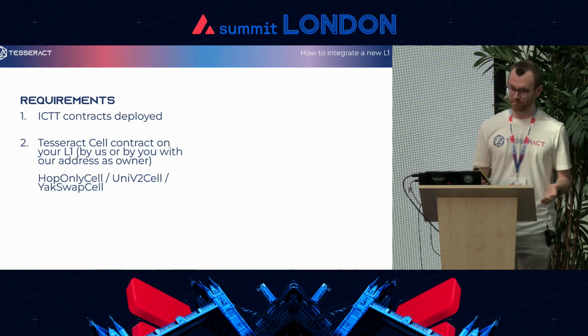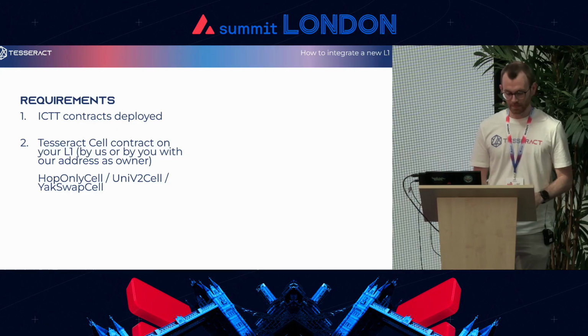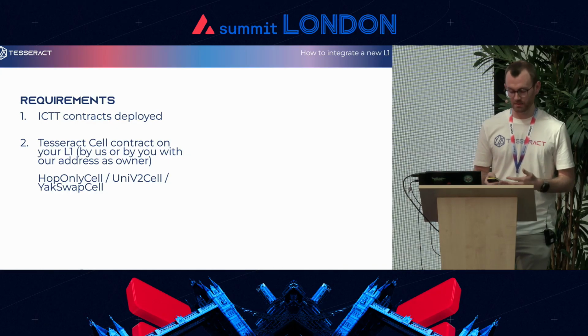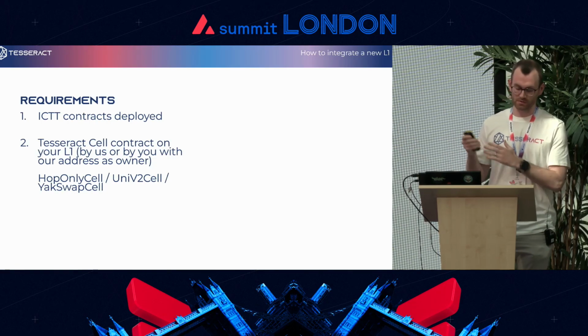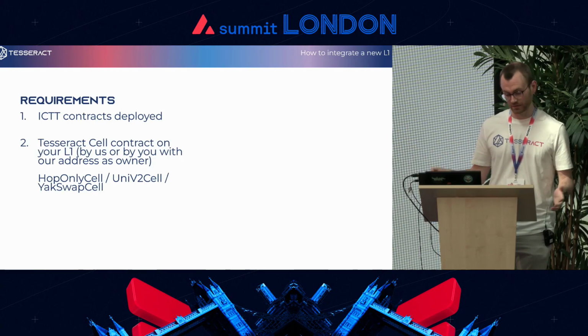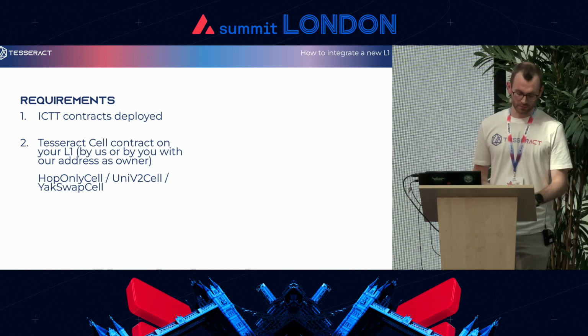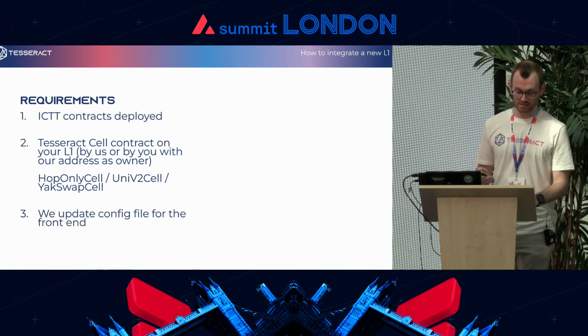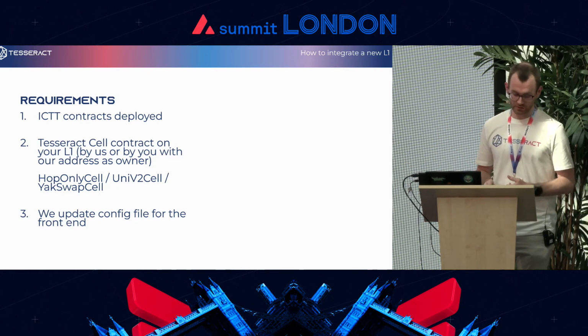If you have a different type of DEX, we can make a cell for that as well. And if you have multiple DEXs, then we'd maybe use a YAK swap cell and a YAK router contract. In reality, we expect most would only need either the hop-only cell or maybe the UniV2 cell or similar. That's because we expect most of the liquidity to be on the C chain. Once that's done, it's just a case of us adding in the relevant info to a config file on our front end, and then we're all good to go.